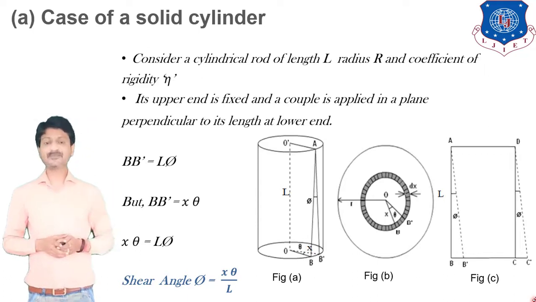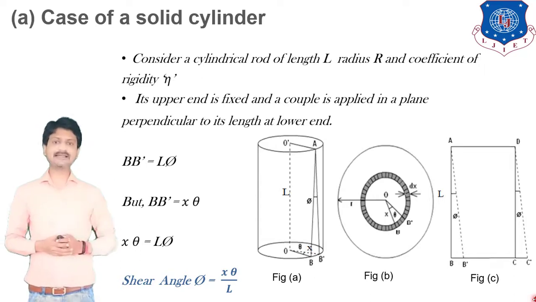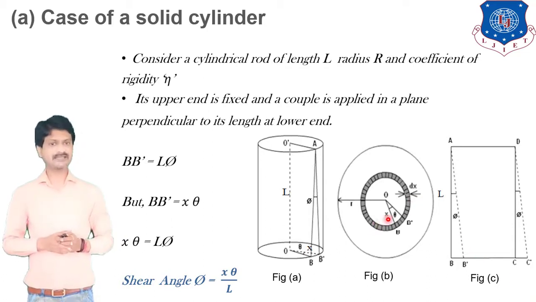Now, to estimate this couple, consider the cylinder as consisting of a large number of hollow coaxial cylinders, one inside the other, and consider one such cylinder of radius x and thickness dx. You can see in figure B that the cylinder has a radius x and its thickness is dx.